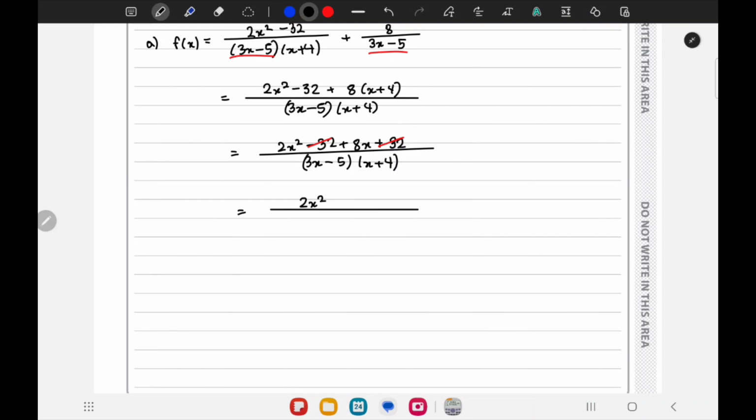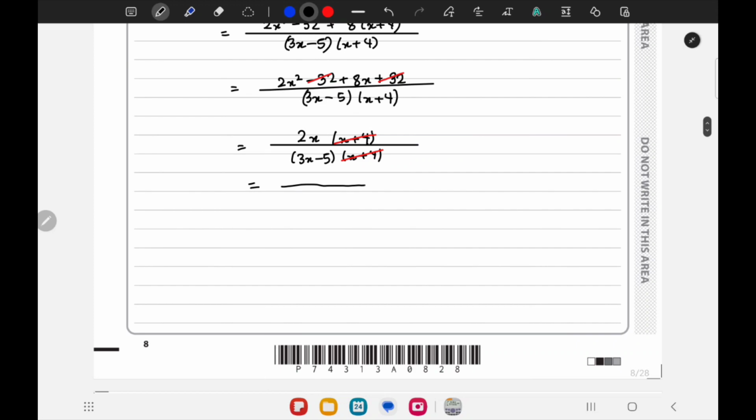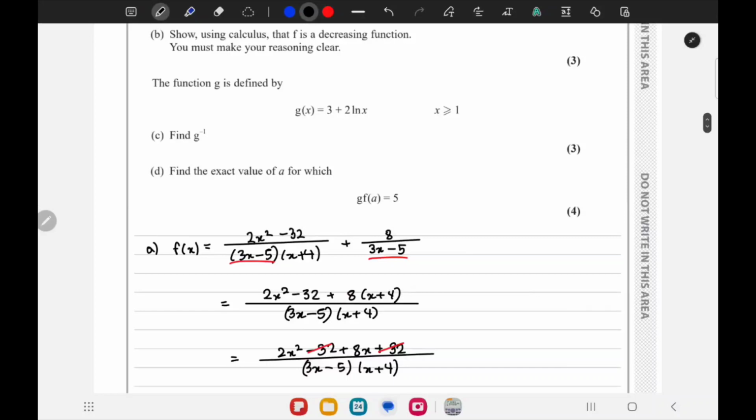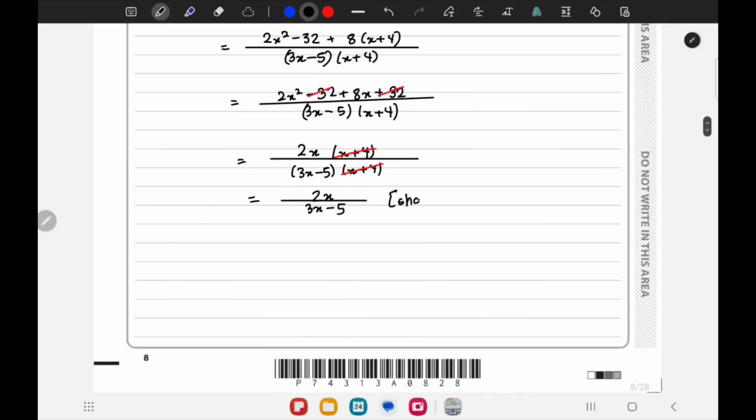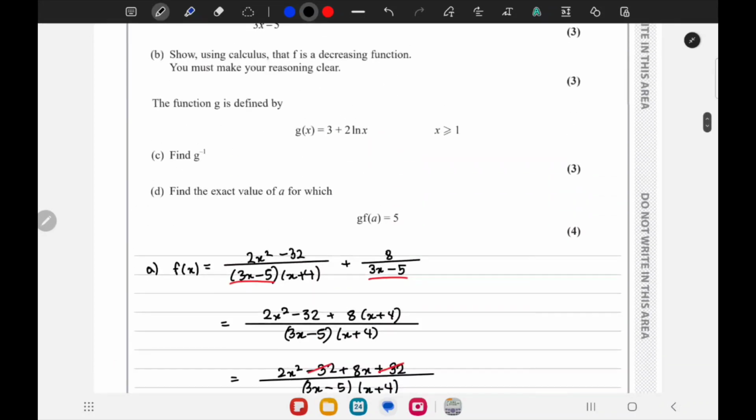We'll have 2x squared plus 8x over 3x minus 5, x plus 4. Now the term on the top, we can write it like this, 2x times x plus 4. If I do this, we can cancel the x plus 4 out. So I'll be left with 2x divided by 3x minus 5. And this is what we were told to show. So we have done that.